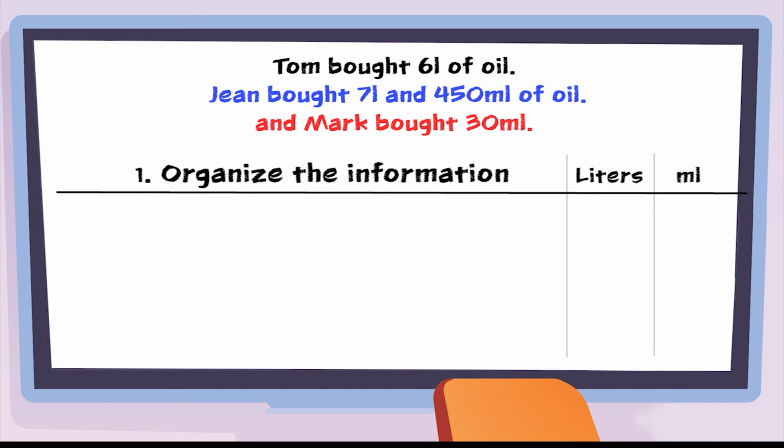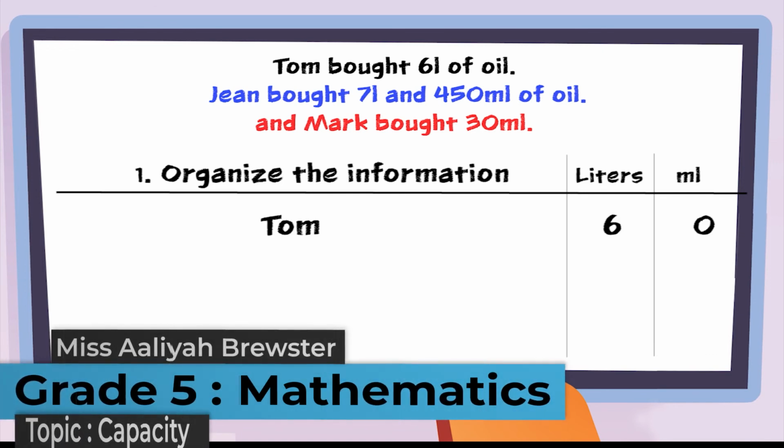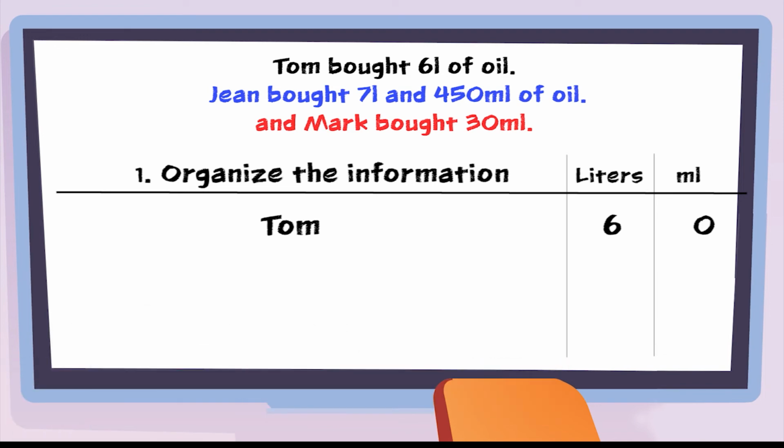First, we must organize the information. To organize, we set up columns, one for liters, one for milliliters. Tom bought 6 liters and 0 milliliters of oil. Jean bought 7 liters and 450 milliliters of oil, while Mark bought only 30 milliliters of oil.